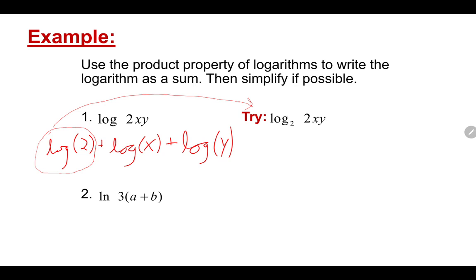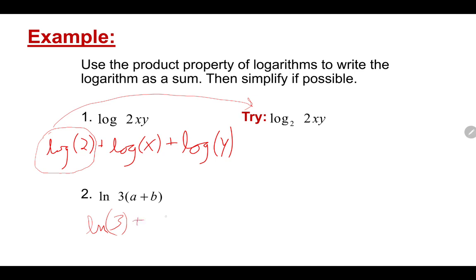2 is a natural log, so ln. Again, the base here is e, and I have ln of 3 times (a plus b), so that just becomes ln of 3. And I always tended to keep parentheses just as I'm working with them so I don't miss something.